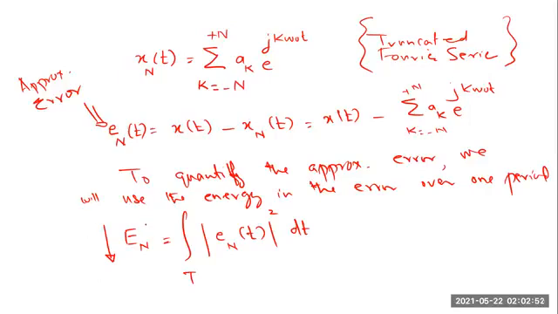I'm not going into the detailed derivation of this concept, but it has been mathematically proved by many scientists that if I want to use a truncated Fourier series, and I want to make sure that the energy in the error is as small as possible, so that my approximation is as accurate as possible, the Fourier coefficients must be equal to 1 over T, integration over one interval, one period, of x of t e to the power minus j k omega naught t.